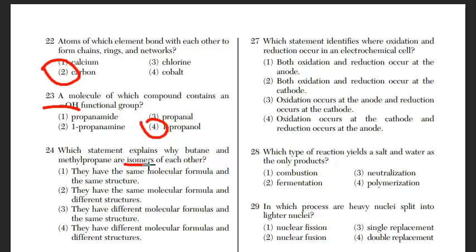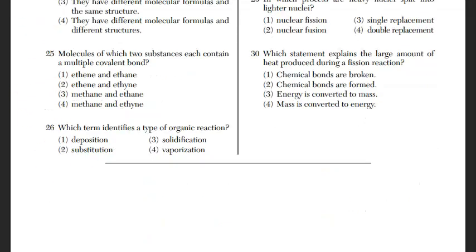In this case, it's going to be C4H10 as the total number of carbons and hydrogens, but they're going to have different structures. So they have the same molecular formula but different structures, and that means also they have different properties, although they didn't address that here. For 25, molecules of which 2 substances contain a multiple covalent bond?